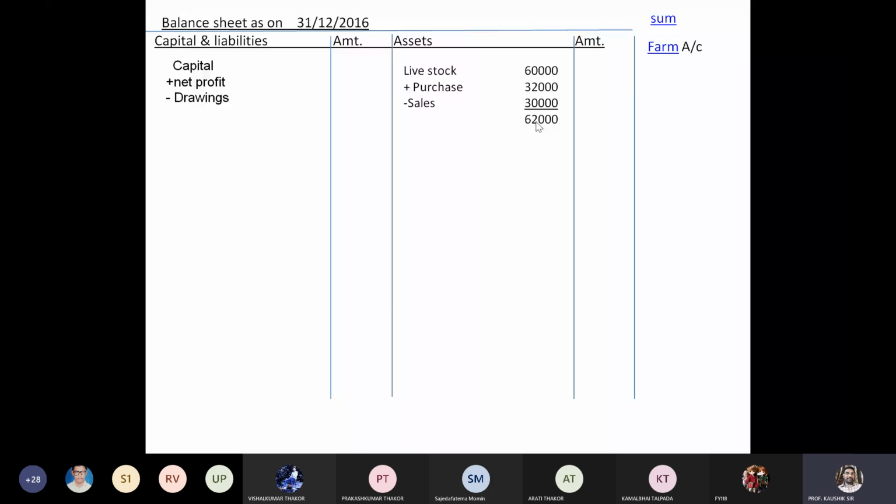So friends, to find out the written-off amount of the livestock, what do we do? We compare the 62,000 with the year-ending balance. The difference will be the amount written off during the year. So what is the closing balance of the livestock? To know, we go to the sum again.